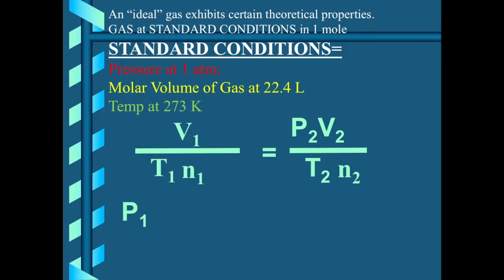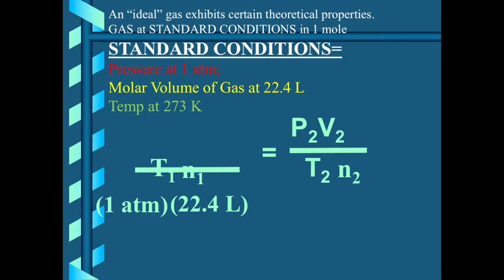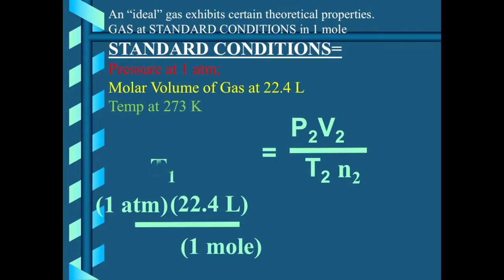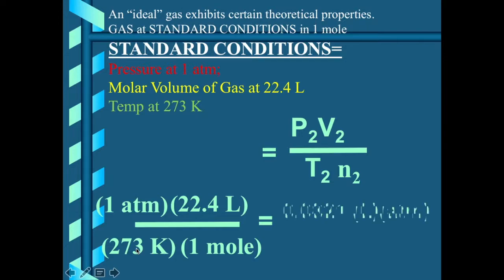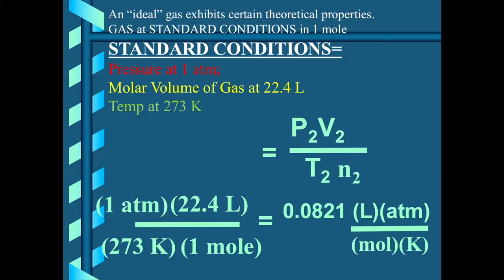So, changing pressure into 1 atm, the volume of the gas into 22.4 liters divided by 1 mole, and the temperature is 273 Kelvin, therefore 22.4 divided by 273 Kelvin will yield us 0.0821 liter atm over mole Kelvin.